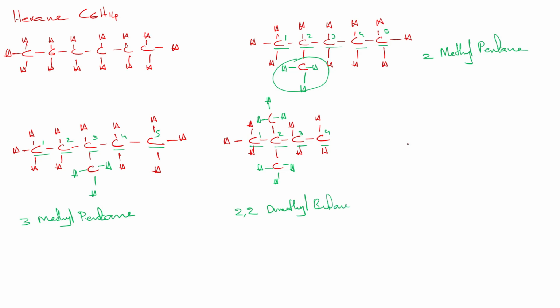And the last isomer. For the last isomer, we again have 4 carbon atoms in the main chain: carbon, carbon, carbon, and carbon, and we provide 1 carbon atom in the second position and 1 in the third position.